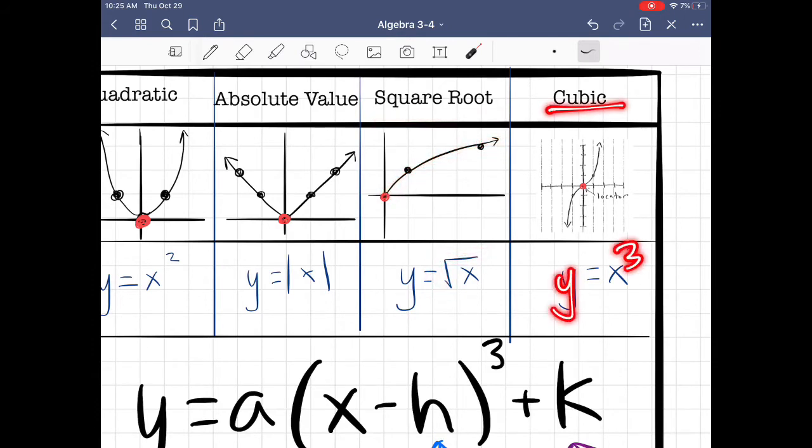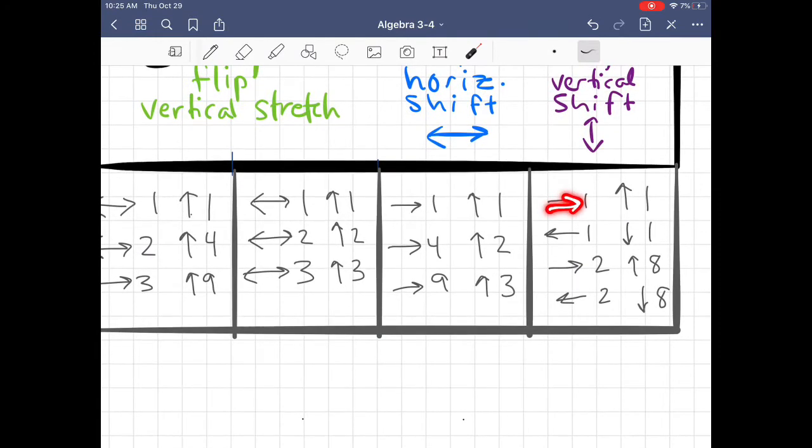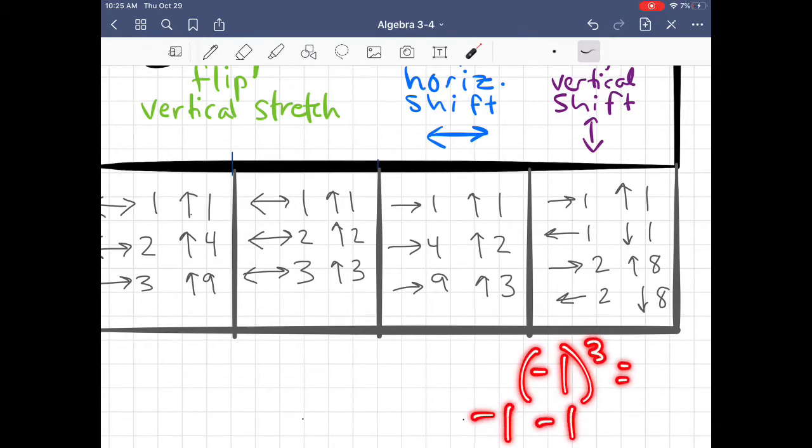Cubic has a 3 as the exponent, x cubed. It's kind of an S shape, has the locator right there at the origin. The pattern we follow here is we go right by 1 and up by 1, left by 1, but down by 1. Because when we cube 1, we get positive 1. But if we cube negative 1, we get negative 1.